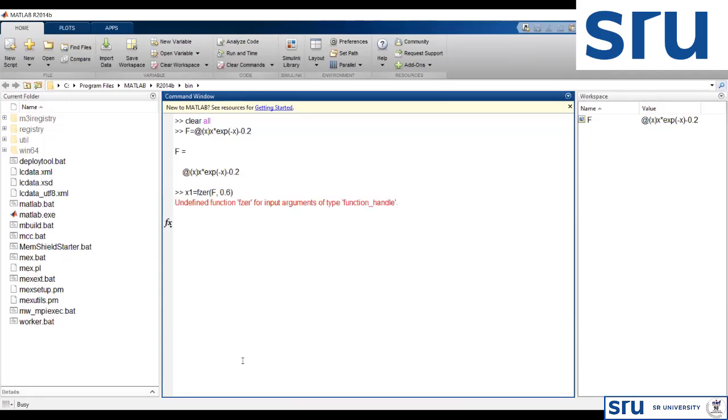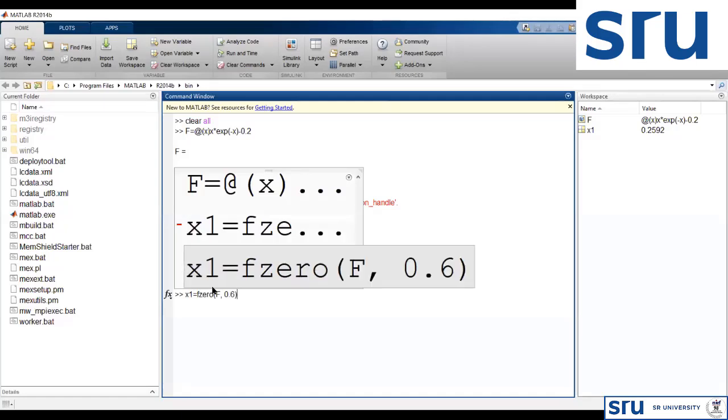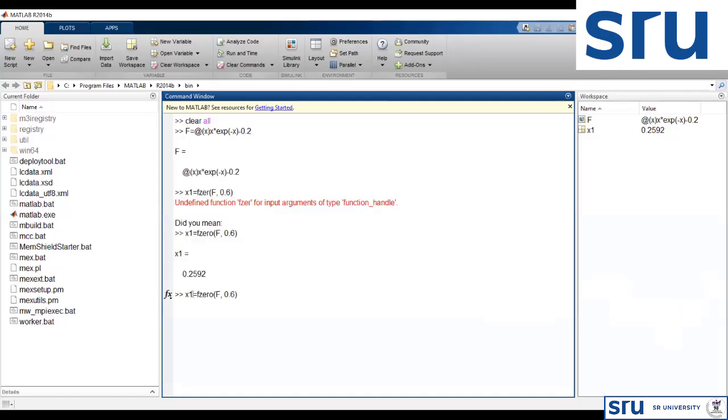Now you see the answer. Here the 0 in f0 was missing, so MATLAB suggested this error. Here fzero should be there, the o was missing, so MATLAB has given that. So now this is the correct answer. Similarly for x2 also, you change the x2 here, and in place of this, the second initial guess value, I can take 2.9.